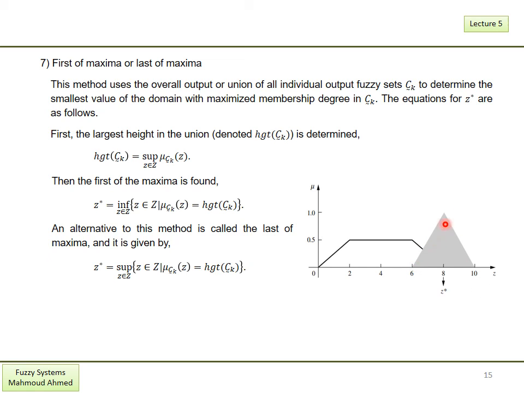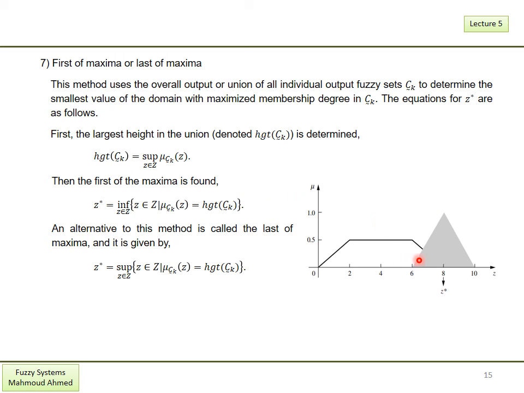The maximum value in both membership functions is simply this point, which is the vertex of the triangle. This is the maximum value. So we have only one value at this maximum point. So the first of maximum and the last of maximum is only represented with one point, which is this point. So we can directly, without using mathematics, get from the figure that z star is equal to 8, which lies directly from the projection of this point on the z-axis.